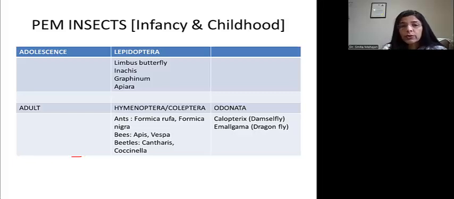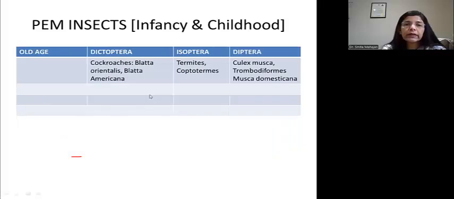In the adult stage, you will see the Hymenoptera, Coleoptera and Odonata. In Hymenoptera and Coleoptera, you will mostly see ants, bees and beetles. In Odonata, you will see the damselfly and the dragonfly. These mostly belong to the adult stage of development.